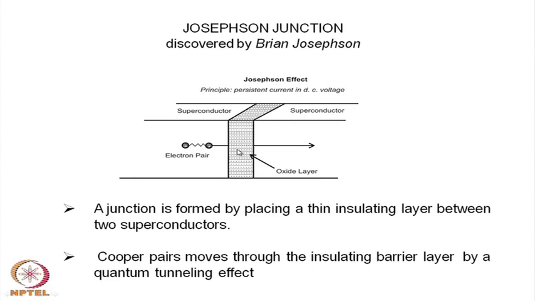Of course, for this insulating layer there is a limit to the thickness, primarily at the level of angstroms, and these are all in thin film form, not in the bulk condition. So, this whole junction is just like microelectronics, we have a thin film technology which can be used for making these kinds of junctions.